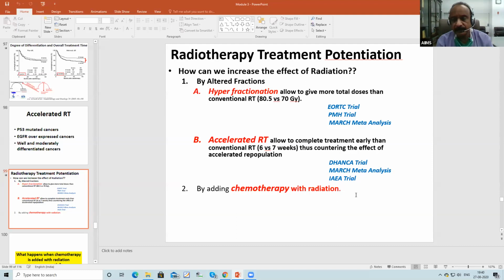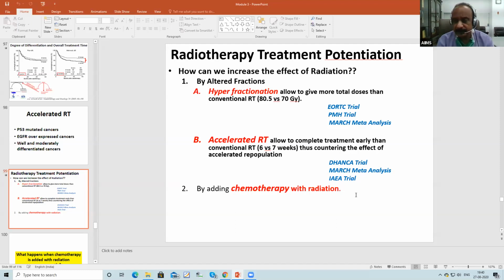The purpose of the study was to see the effect of accelerated radiotherapy on tumor control. And when they divided as per grade, they observed that the effect was seen only in well and moderately differentiated tumor, not in poorly differentiated tumor, right?